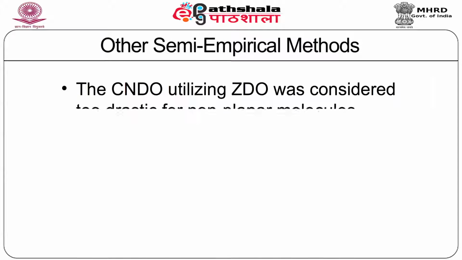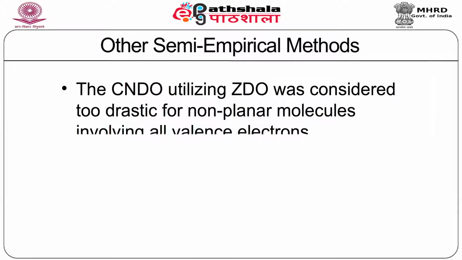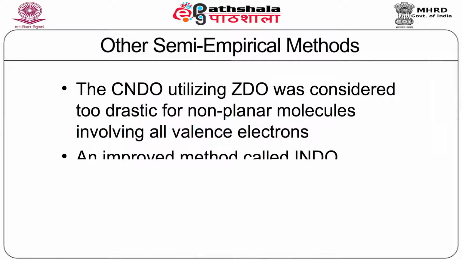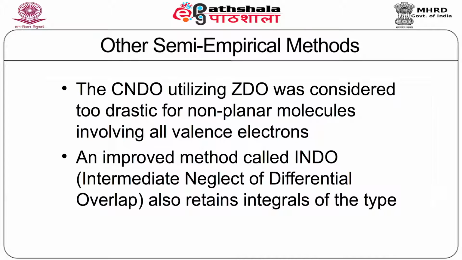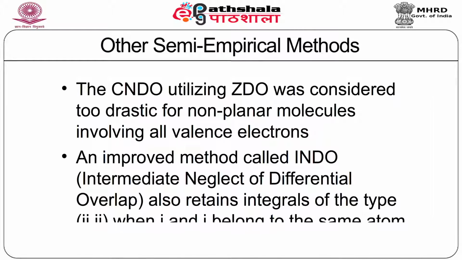The CNDO method utilizing ZDO was considered too drastic for non-planar molecules involving all valence electrons. So, subsequently, an improved method called INDO, that is intermediate neglect of differential overlap, was proposed, which retains integrals of the type IJIJ when I and J belong to the same atom.